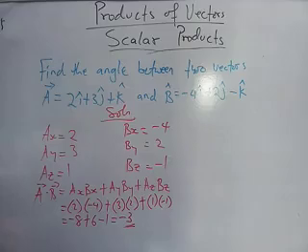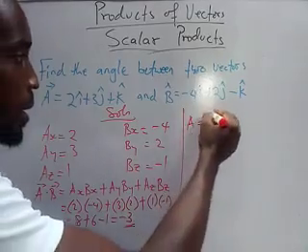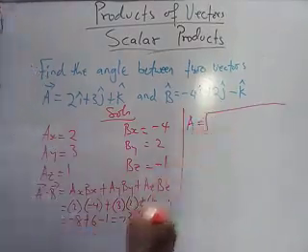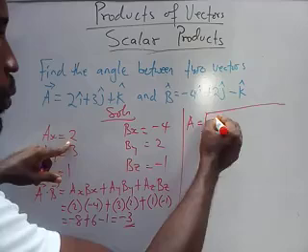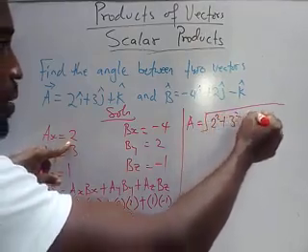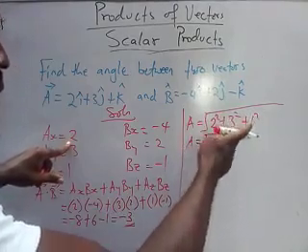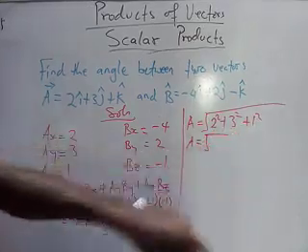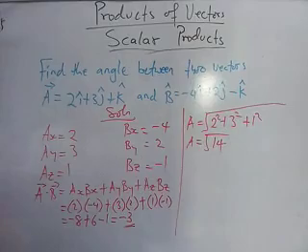The next part is for us to get A. A is the square root of 2 squared plus 3 squared plus 1 squared, which is the square root of 14.